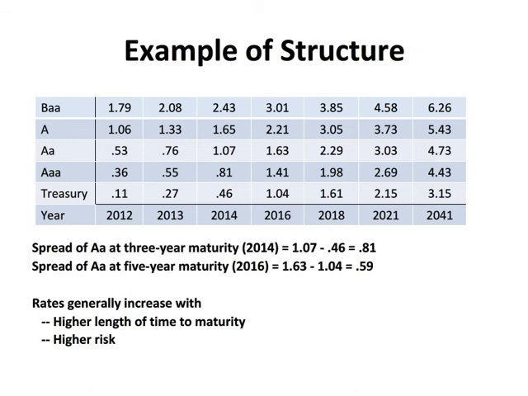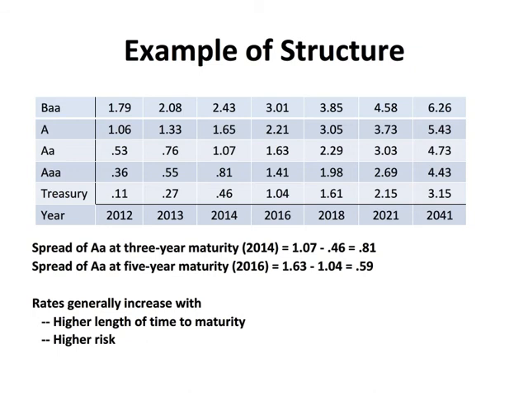If you take any single maturity, and let's do 2012, our base rate, Treasury, is 0.11, and our interest rates increase as we lower the bond rating. So we go from 0.11 at Treasury to 0.36 to 0.53 to 1.06 to our BAA, in that case having a 1.79. All right, we have the structure now.